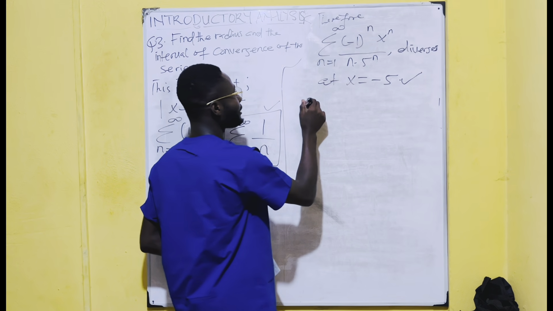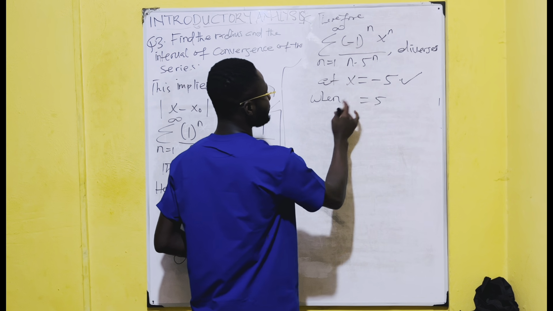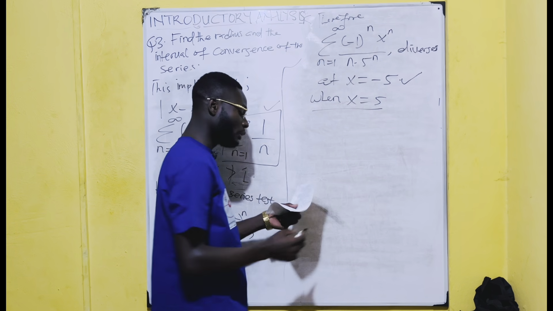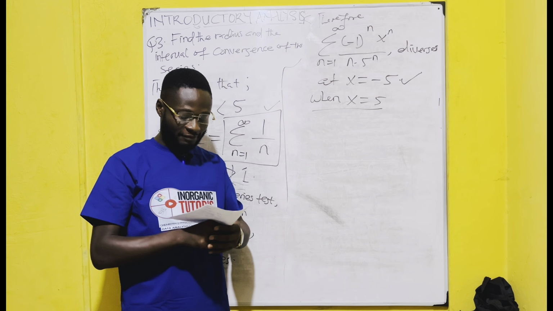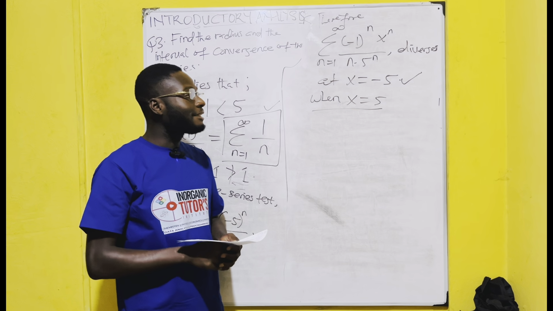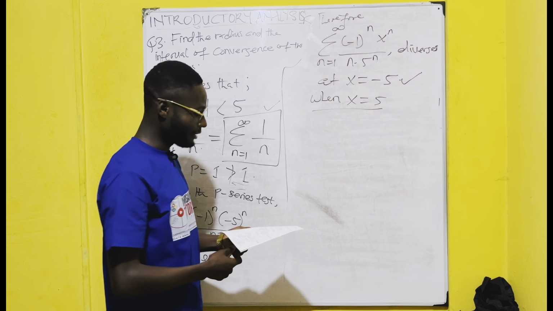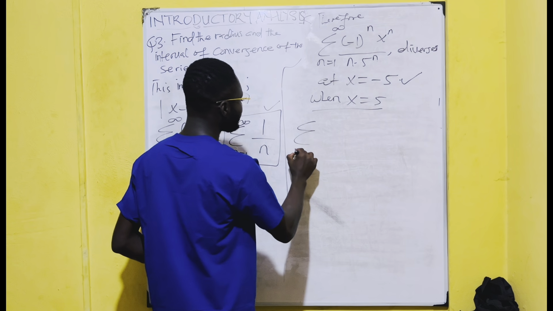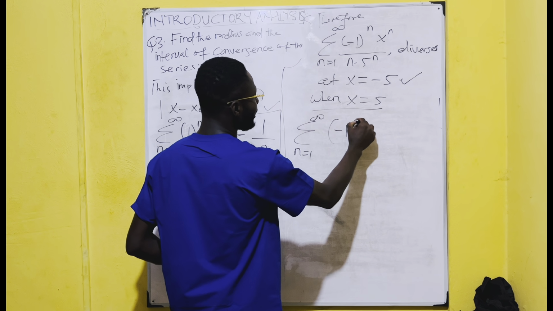The second part is what? When x is equal to +5. Right? So we are going to consider when x is equal to +5. So in that instance, we are going to fix it inside and see what it will give us as well. So summation n equals 1 to infinity -1 to the power n.